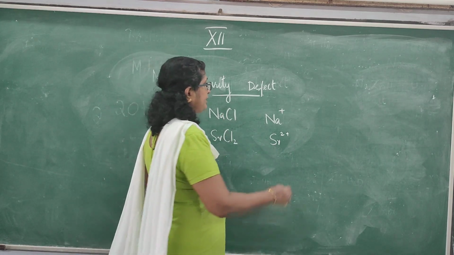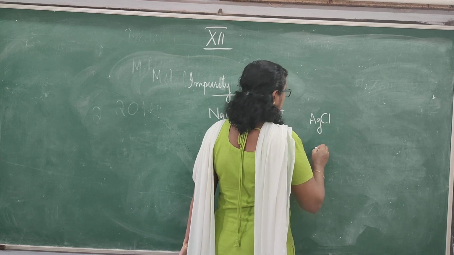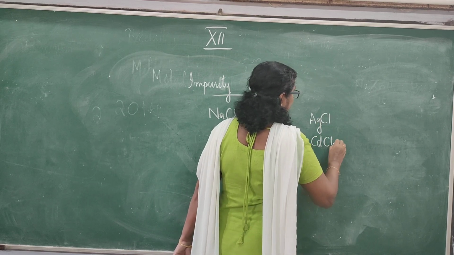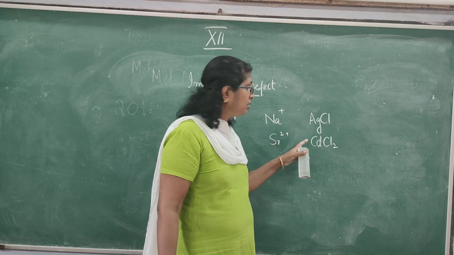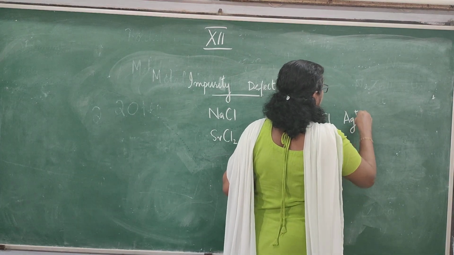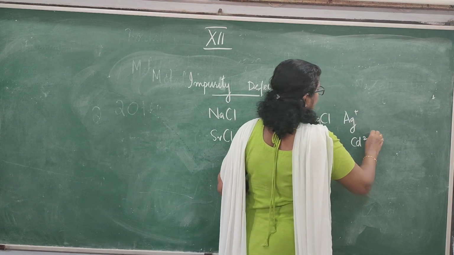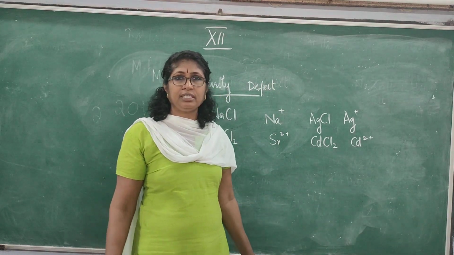Another example is when silver chloride is crystallized. If you add cadmium chloride as an impurity, instead of the silver ion Ag+, if cadmium ion is occupying, again you can create holes which will increase the conductivity of the crystal.